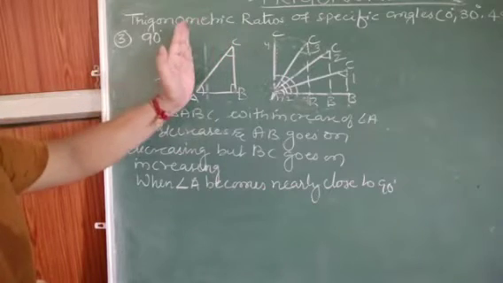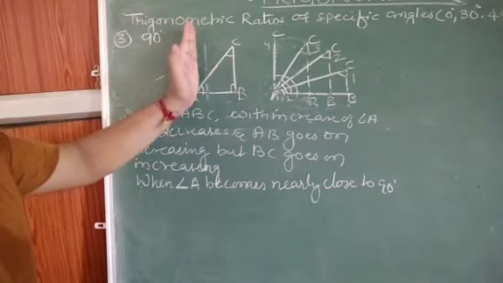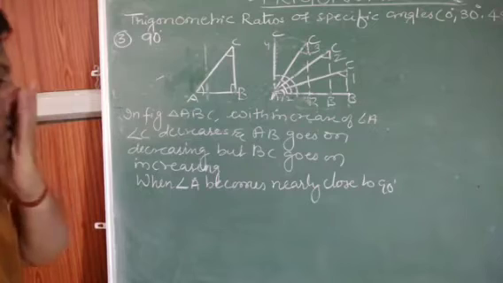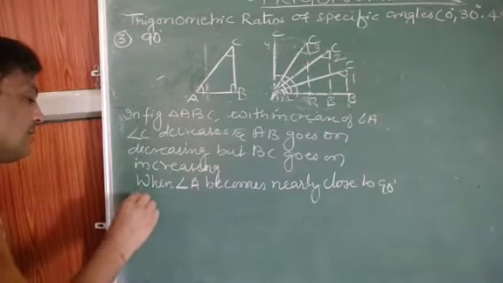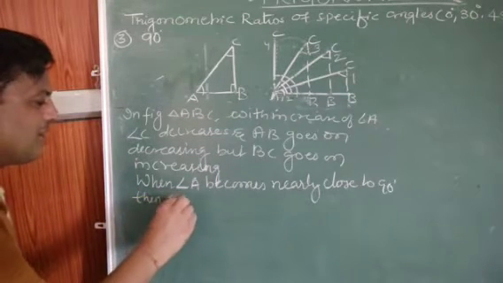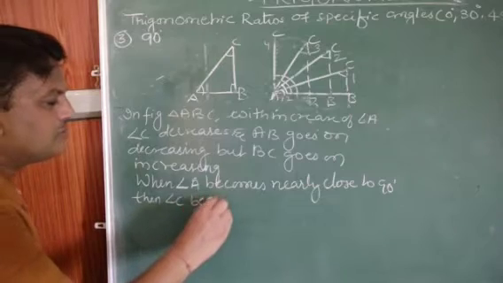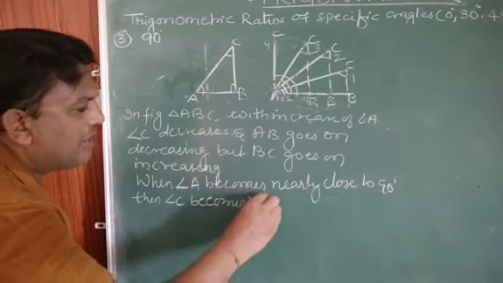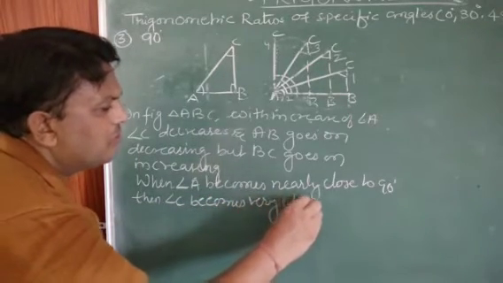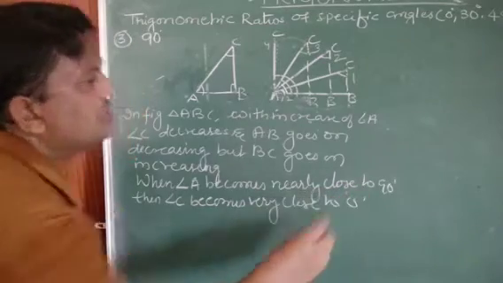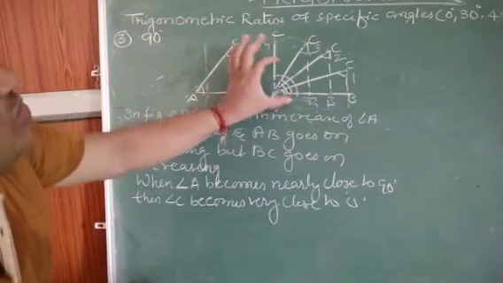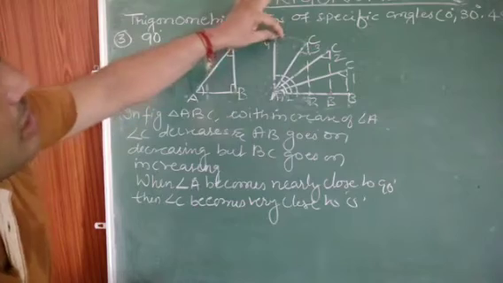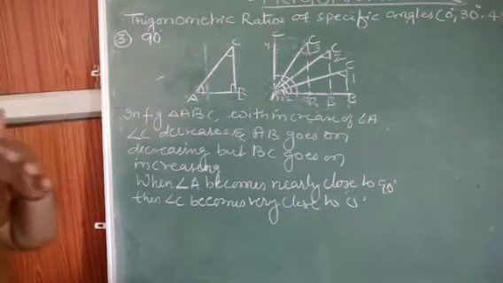BC and AC will exactly coincide, no triangle, but close to 90. Then angle C becomes very close to 0. If angle A increases to maximum, angle C becomes minimum, that is 0.